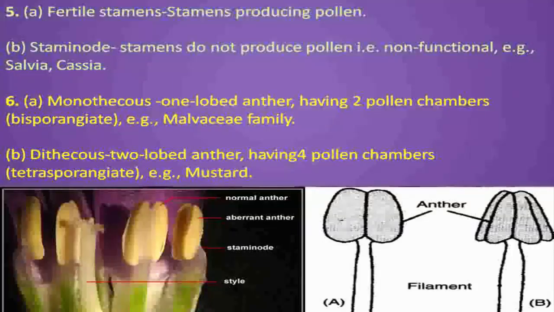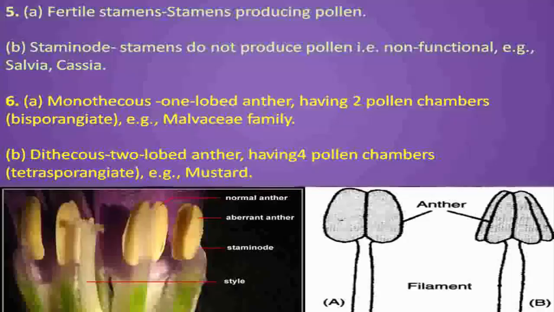If a stamen produces pollen, then that is your fertile stamen. And if the stamen is sterile or non-functional in nature, that means the stamen could not produce pollen, then that is known as staminode. For example, Salvia and Cassia.